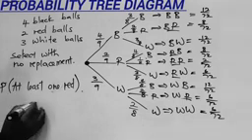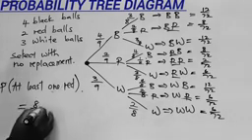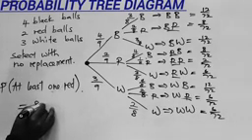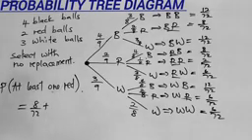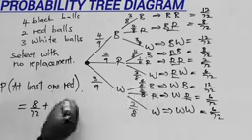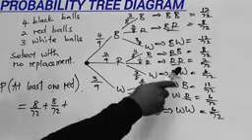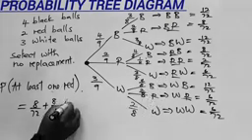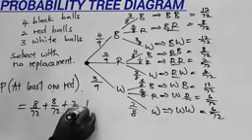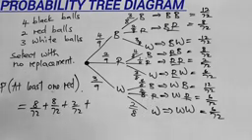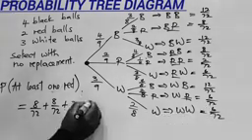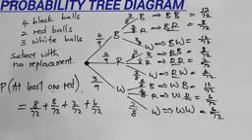So this is 8/72 plus another 8/72 plus another one for red, 2/72, plus 6/72, which is white, red.